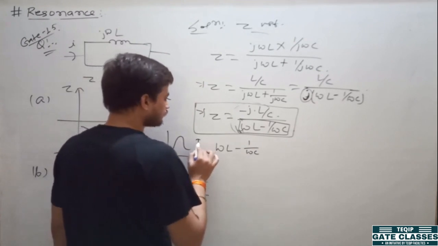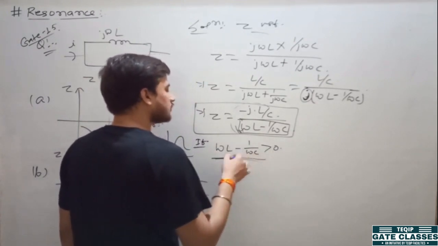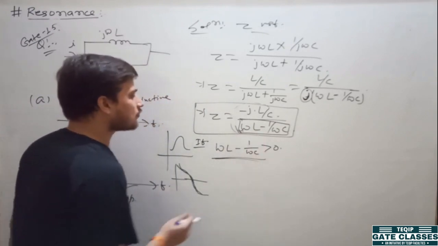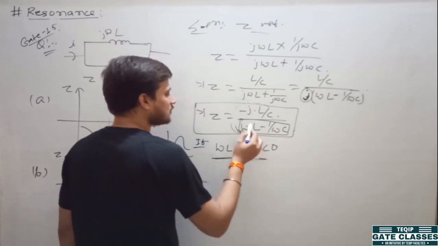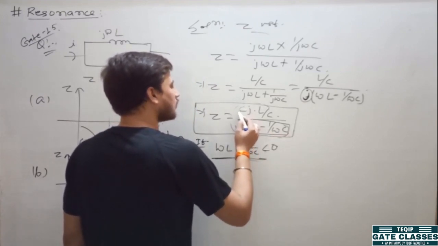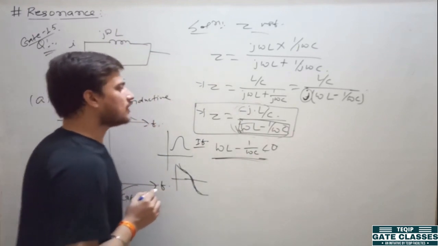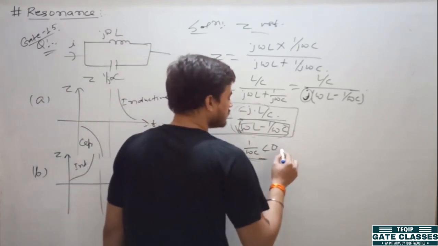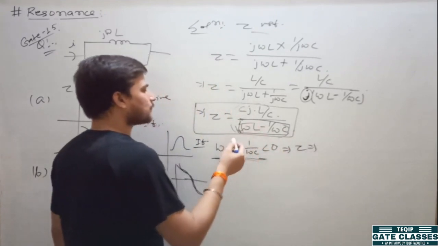So if this term is greater than 0, suppose, or let's start with less than 0. If this term is less than 0, it is already negative, so negative negative will become positive. That means under this condition, Z will be inductive.